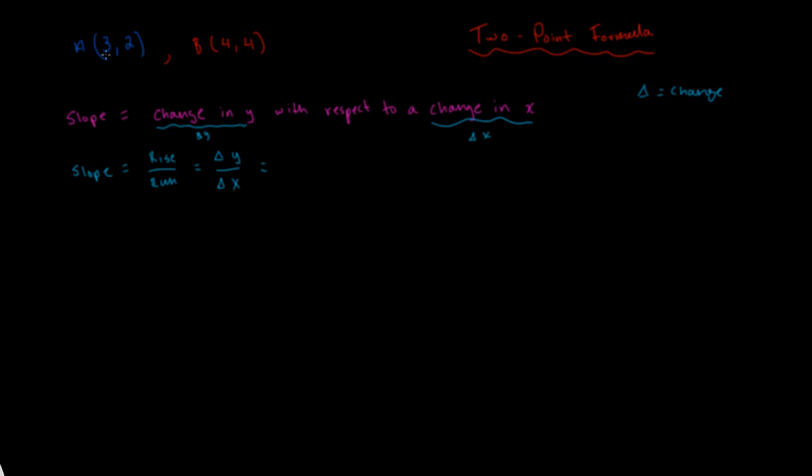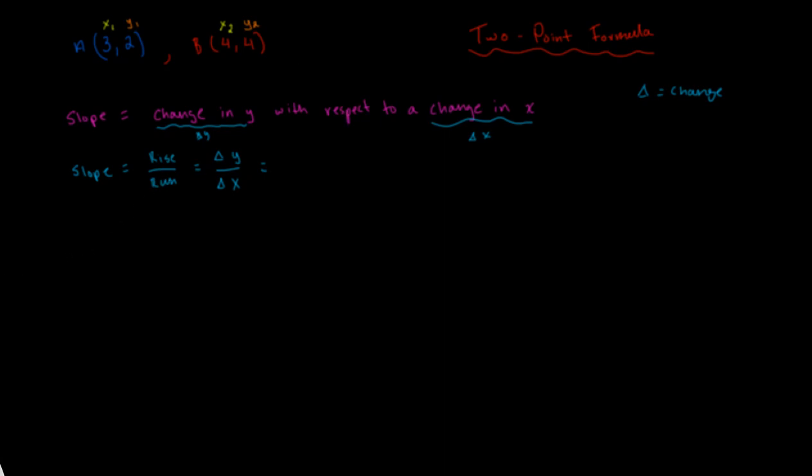I'm going to say that this 3 for point A, we're going to call this x1. And then for B, this 4, I'm going to call this x2. And then I'm going to have this 2 here, for A, be y1. And I'm going to call this 4 y2.